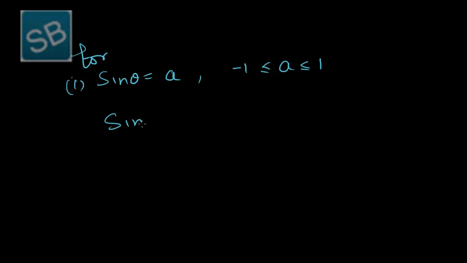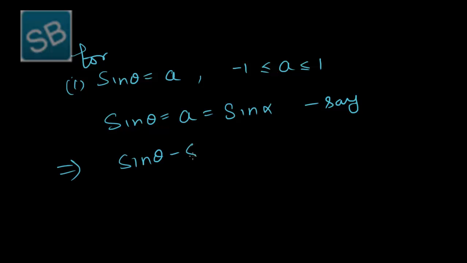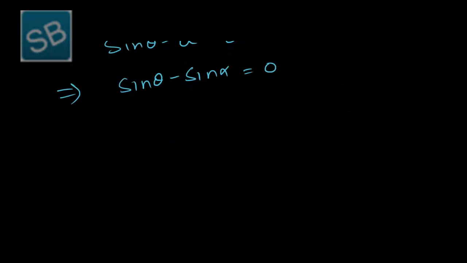Let sin theta is equal to a. It will be a particular value, say sin alpha. So we get sin theta minus sin alpha is equal to 0. So by using the sum and difference in the form of product, we get 2 cos of c plus d over 2 sin of c minus d over 2.